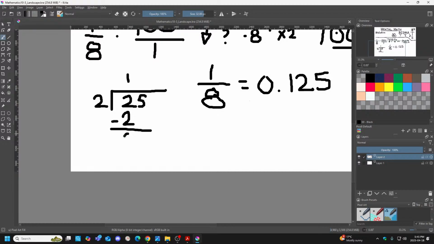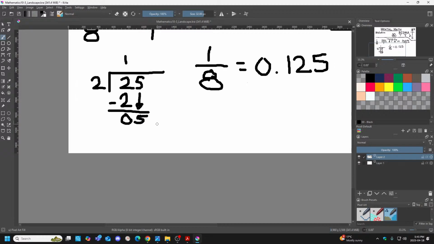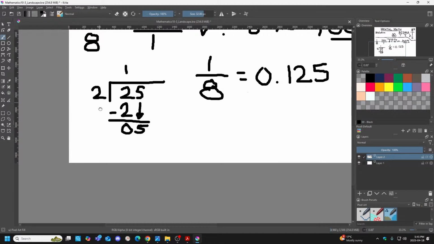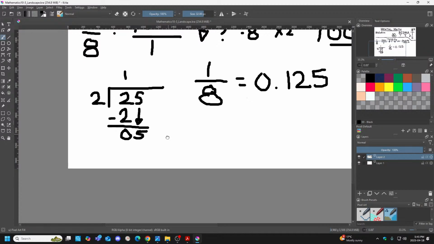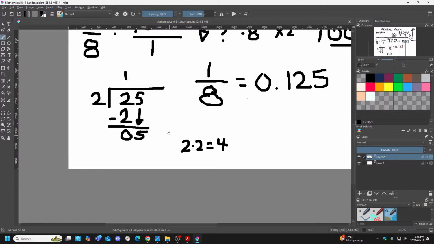So we have 0. Now I just got to bring down the 5. How many times does 2 go into 5? We want to get as close as possible to 5 without going over, so that's going to be 2 times 2, which is 4. So I'm going to put 2 up here.